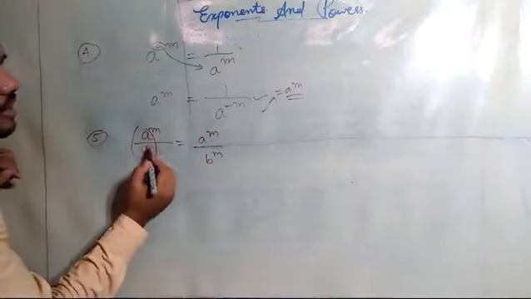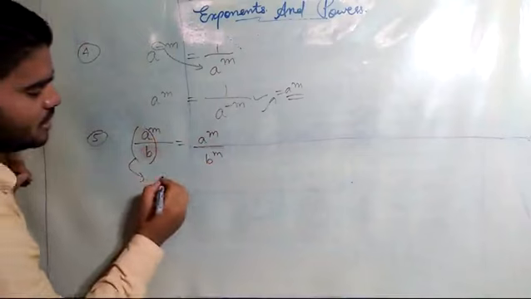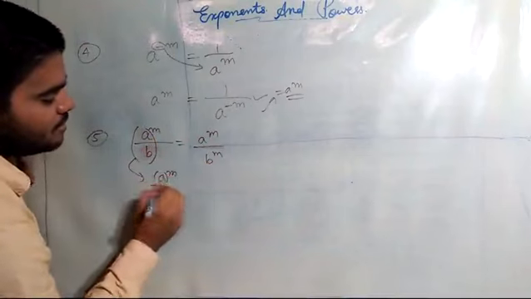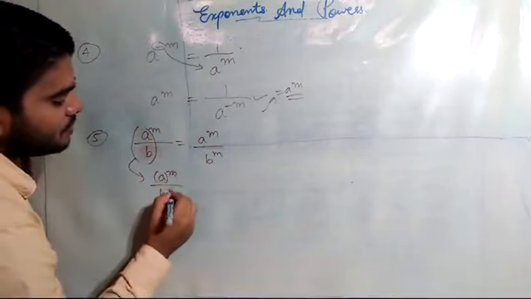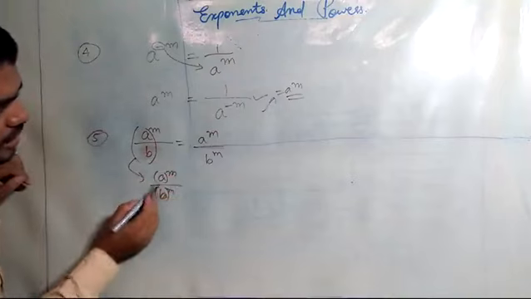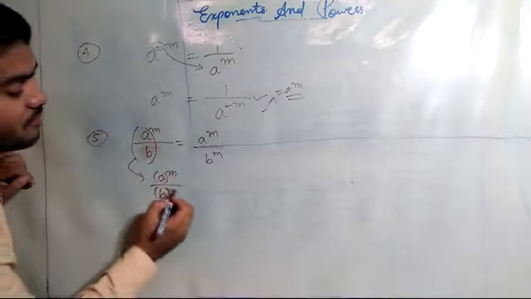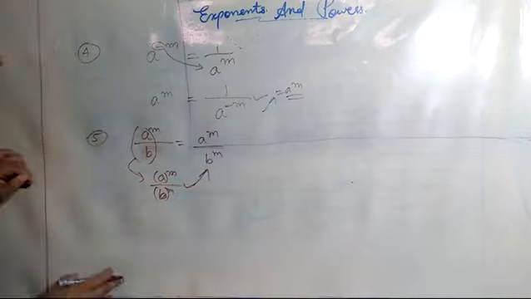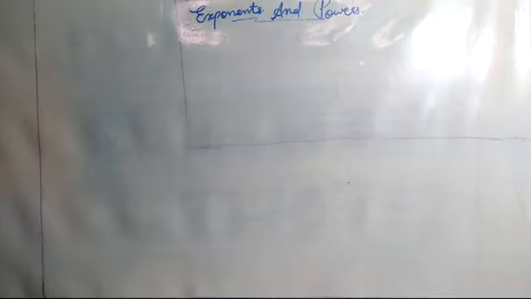That means separation. Here I can separate it as a raised power m divided by b raised power m. The powers are the same but the bases are different, so we can write in this form. We will understand more clearly when we solve 1 or 2 sums.